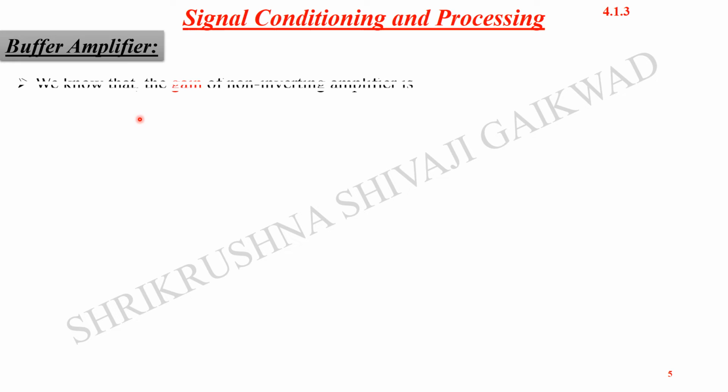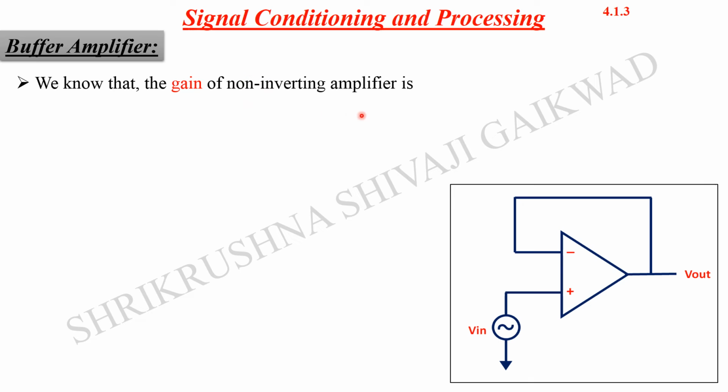As we know, the gain of a non-inverting amplifier, but before we go directly to the gain, just look at this diagram of the buffer amplifier. Input is provided to the non-inverting terminal, the VIN, a sinusoidal signal, and the inverting terminal is directly connected to the output. So there is no feedback resistance present in this diagram.